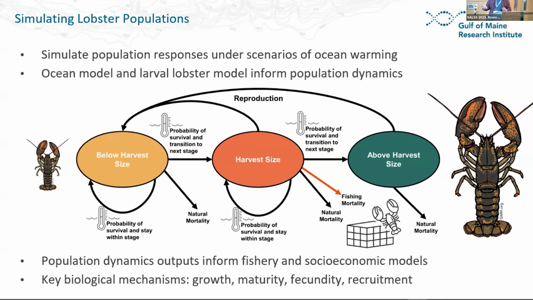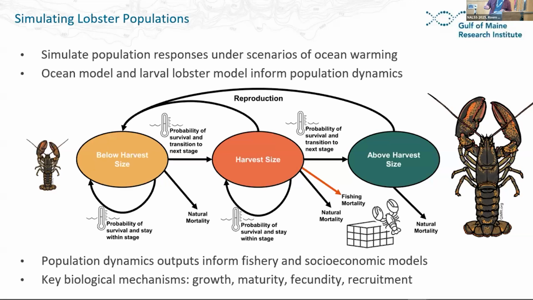Then the above harvest size is a measure of natural mortality, shell disease, and predation under certain conditions, but for the most part, if you make it to this size, you're safe. All of these mechanisms will be informed through the ocean modeling and the larval lobster modeling.